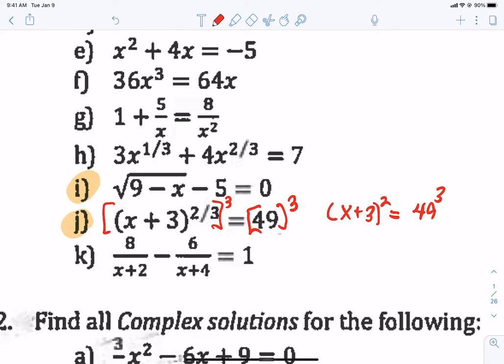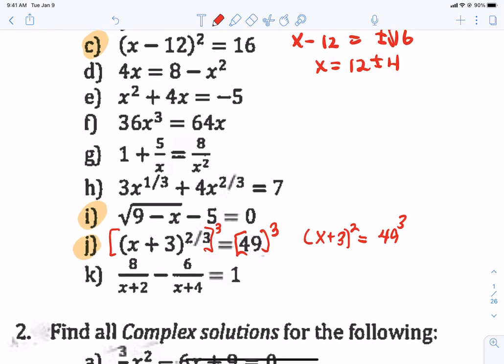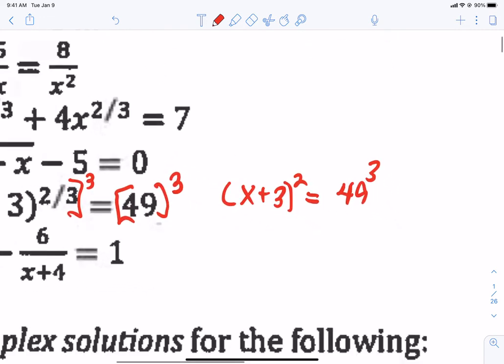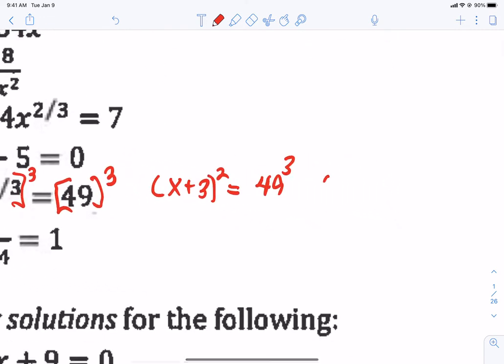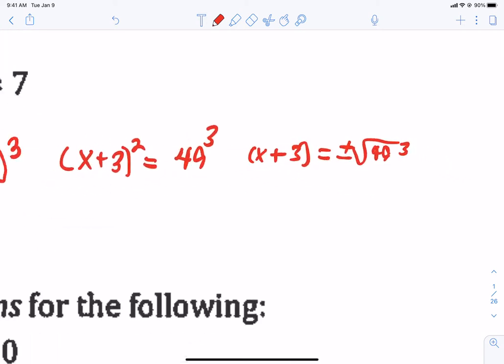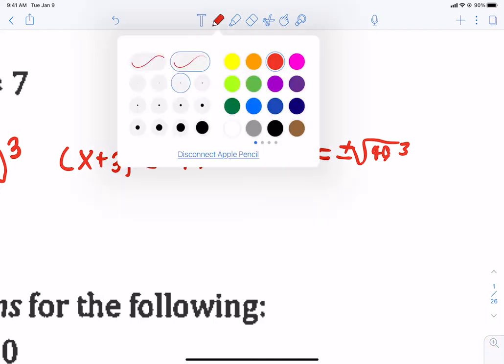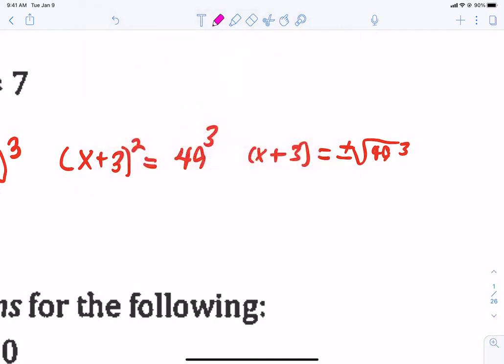And then let's think about it: at this point, it becomes exactly like C. We can get rid of the square by square rooting. So this would be plus or minus the square root of 49 cubed. Now, what we can do here is just take the square root of 49, which is 7. And so then it just becomes 7 cubed, which is a little easier to do in your head.